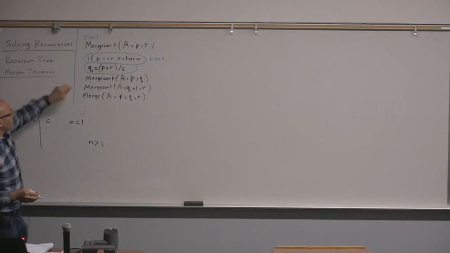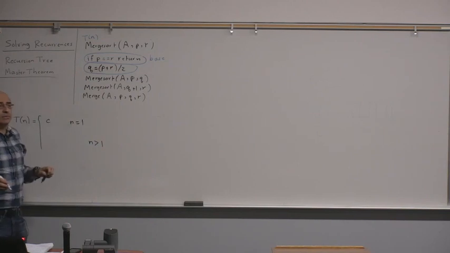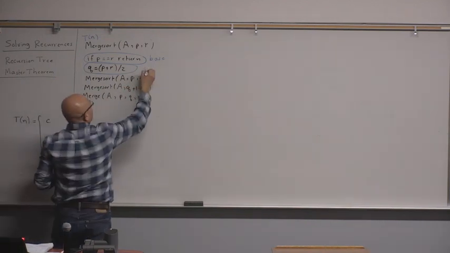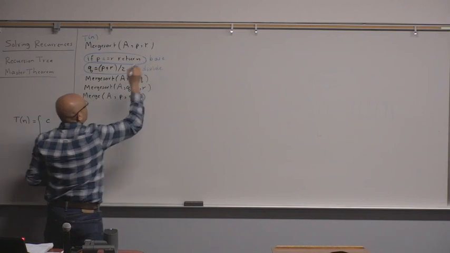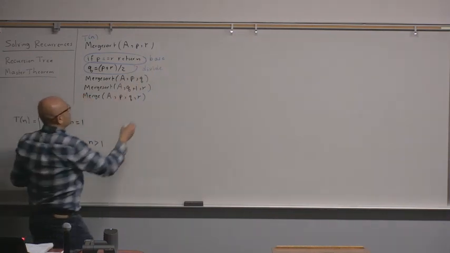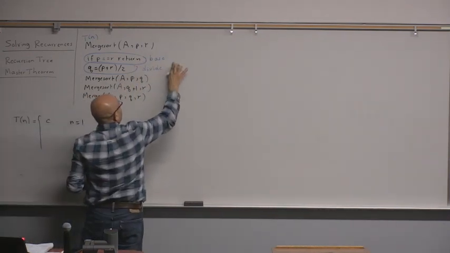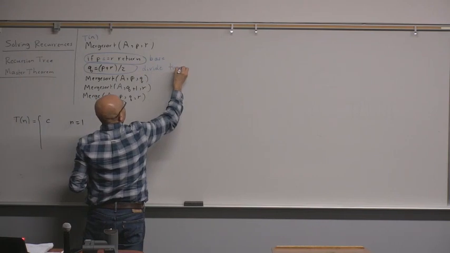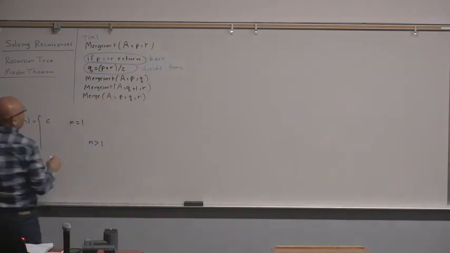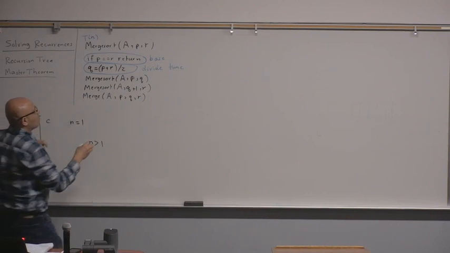Now what does this step do in merge sort? Yeah, it divides the array into 2 subarrays. So this is the divide step. This is the divide time. And in fact, the merge is the combine time.